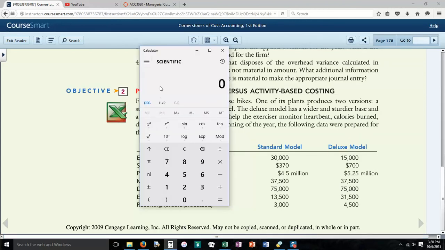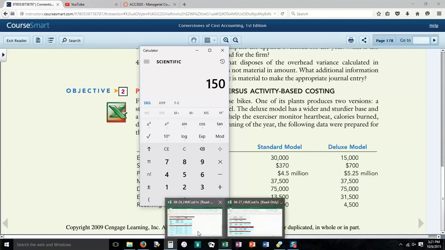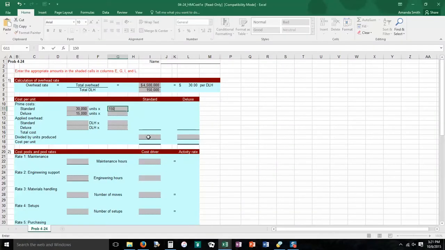So to figure out the amount we're missing, we're going to take the $4.5 million divided by the expected quantity, and that's going to give us 150. So that's what we're going to enter there. Then again, you'll do the same thing with the deluxe model.